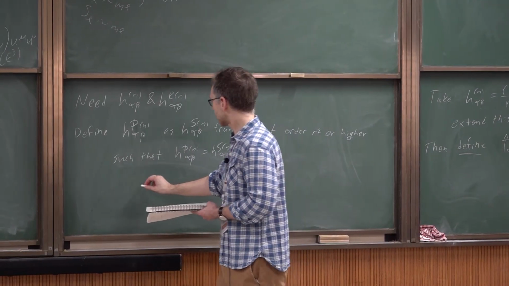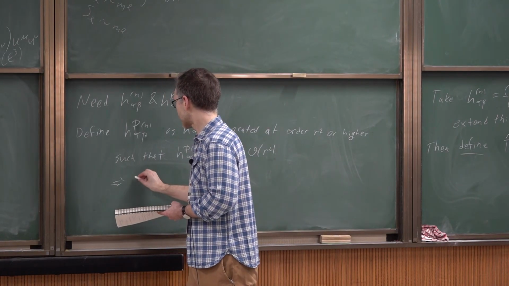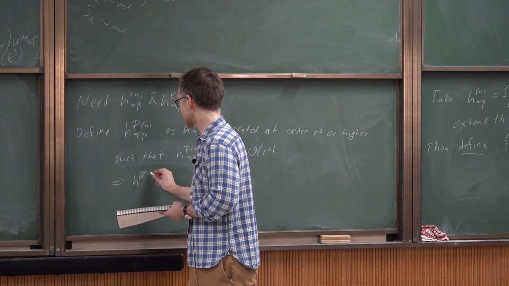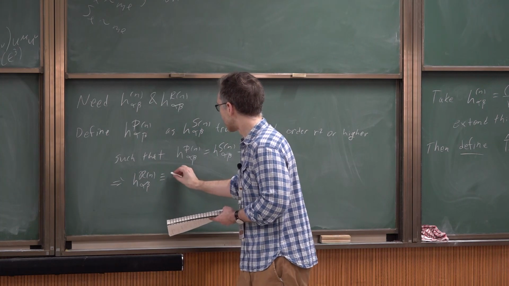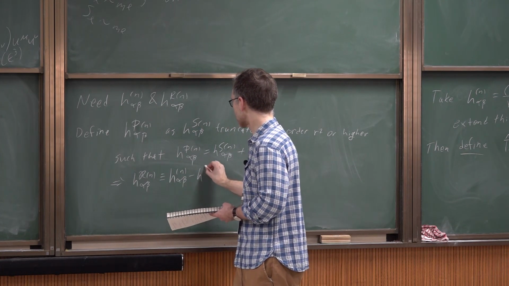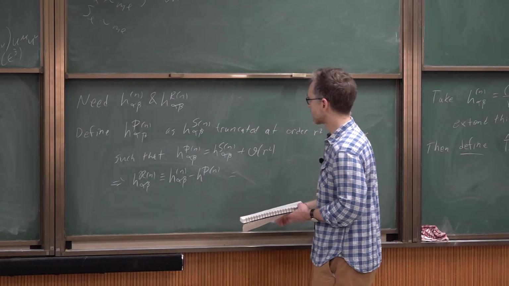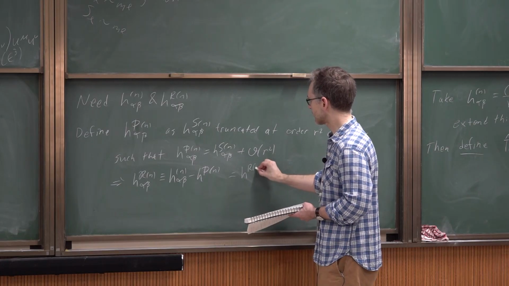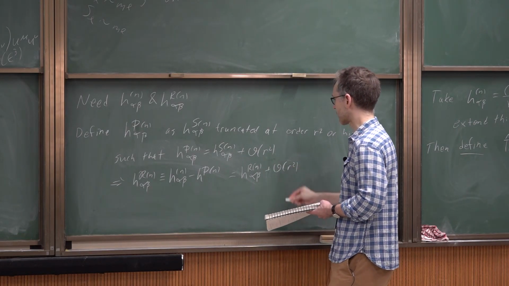And then this guarantees that if I define H residual, the residual field, as the physical field minus the puncture, this is going to be equal to the regular field plus things of order R squared or higher.